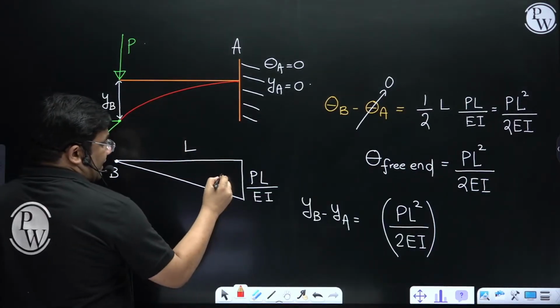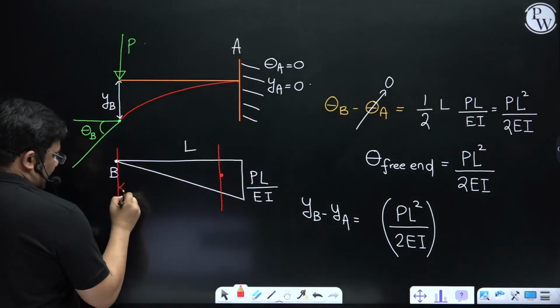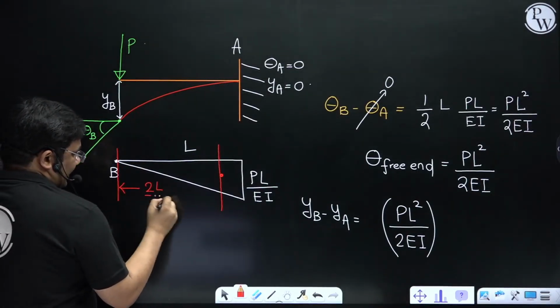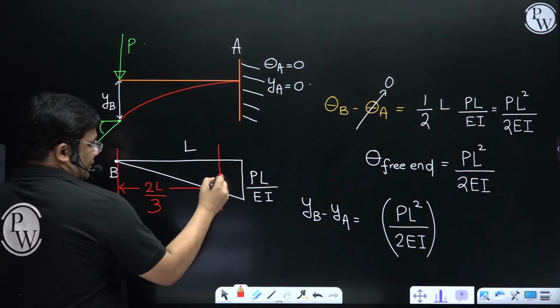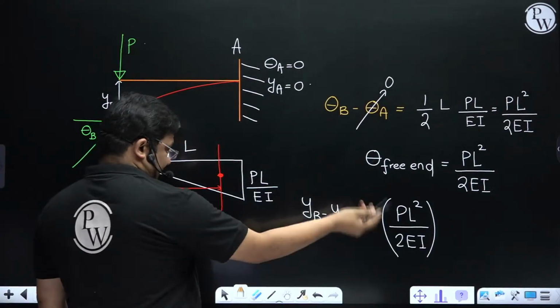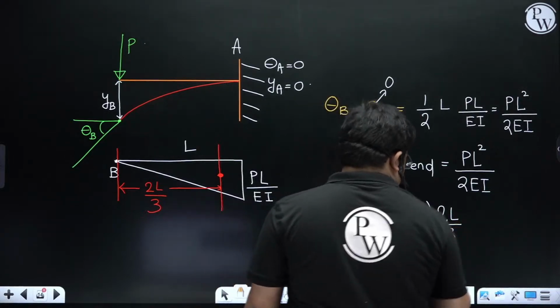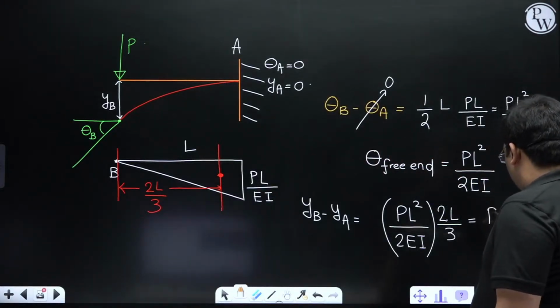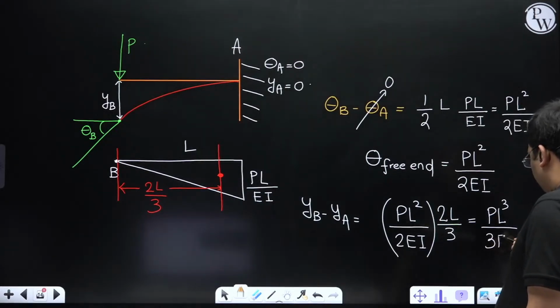The centroid of a triangle is at how much distance from B? It will be at a distance of 2L by 3, because this is L. So this is the centroid, and from B it is at 2L by 3. If I take the moment of this area about B, it will be 2L by 3, giving me how much? PL cube upon 3EI.